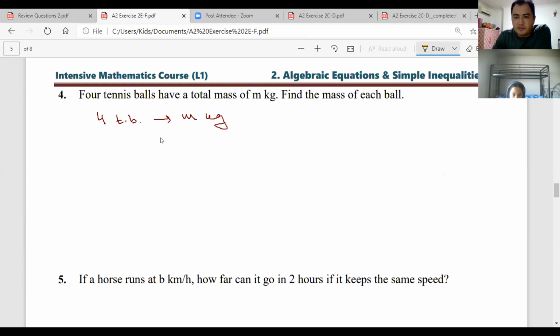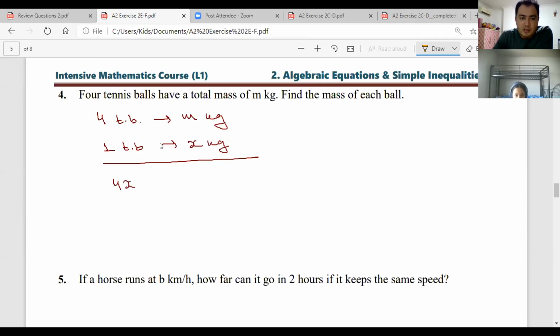What is the question? Find the mass of each ball. That is, one tennis ball equals X kg. So we need to find X here. Draw a line. Cross multiply. You don't have to write the units now. 4 times x, that is 4x. 1 times M, that is M. So we need to find x, right? We know how to solve the equation. Divide by 4. So x is equal to M over 4 kg.